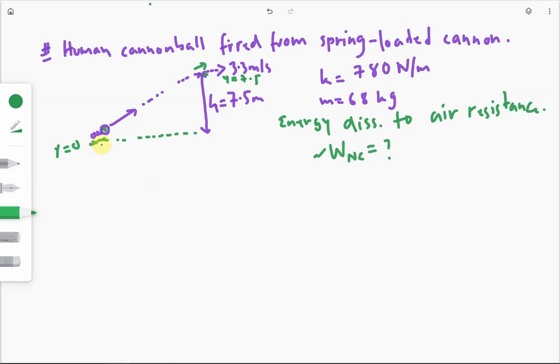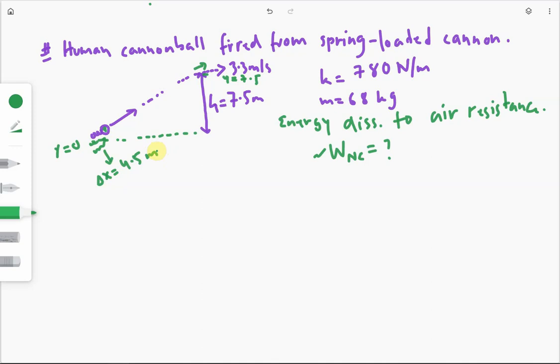So let's go over the other things that are given to us. It is said that when the human cannonball is fired, the spring is maximally compressed, with a compression of 4.5 meters. So the spring has an original length, and it is being compressed by 4.5 meters before the guy is fired from it.